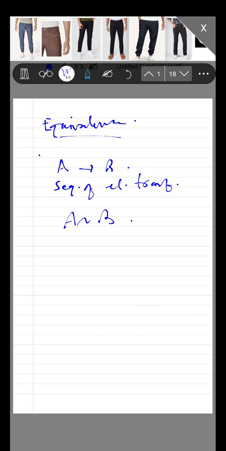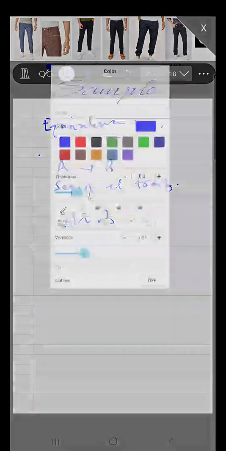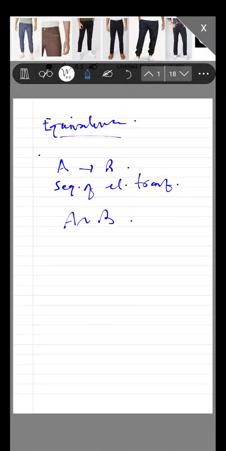And apart from that, there are some other properties of matrices. For example, the adjoint of a matrix.